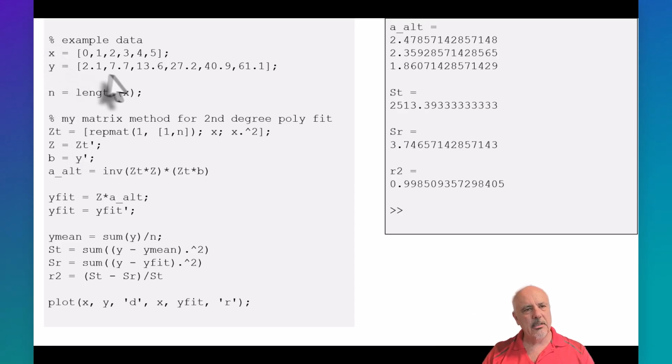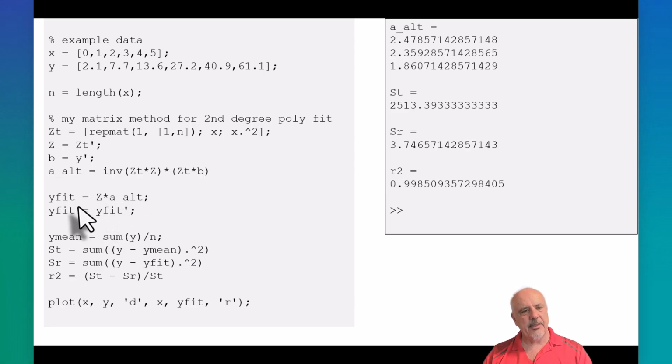The y came in as a row, so I get my b by transposing that to a column. And then here's my A alts. I basically just took what I did in the previous linear example, same code really. And then I get my Y fit as Z times A alternate.